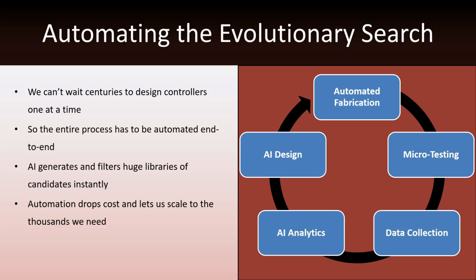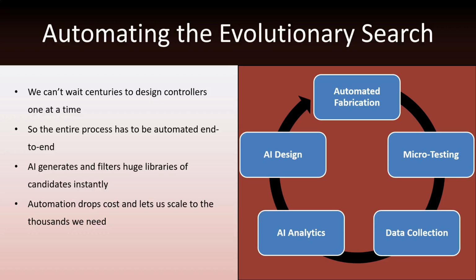We let AI generate huge libraries of random controller designs automatically, built from what we learned in earlier rounds. AI filters out any designs that behave poorly, selects the promising candidates, and then hands those survivors off to the next round of microtests, and eventually, after many cycles, to full power testing for safety and efficacy.